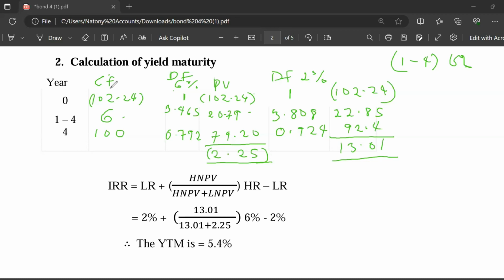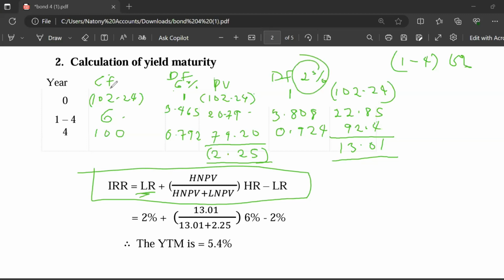Now what will be the yield to maturity using your IRR formula? LR is the lower rate, which is 2%. The higher NPV is always the positive NPV, which is 13.01.